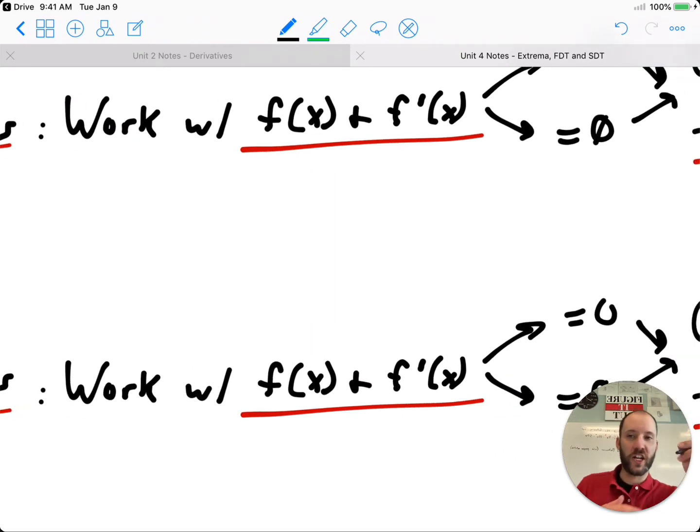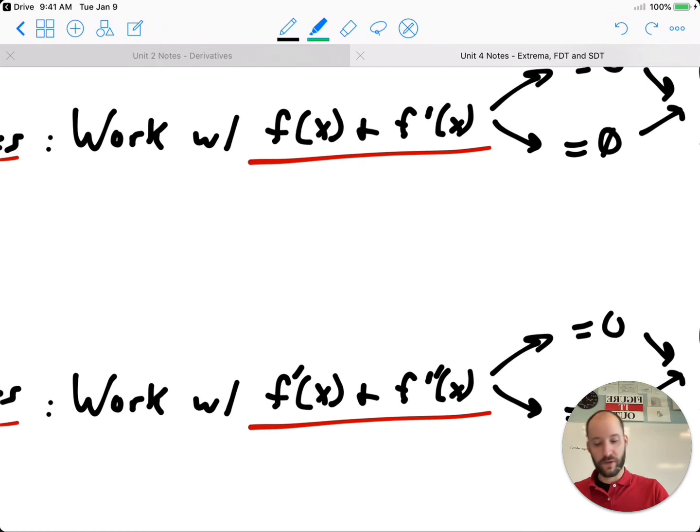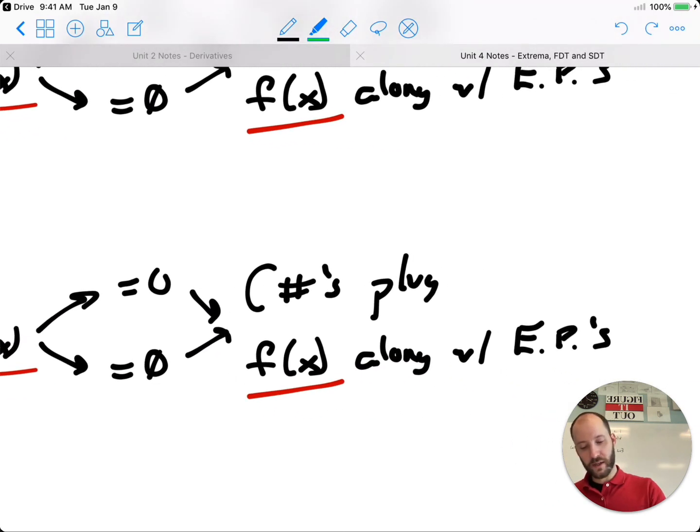So instead of values, slopes; f of x changed to f prime, changed to f double prime. I introduced a derivative here. So now introduce a derivative here and here. And then over here, f of x, introduce a derivative, so into f prime.